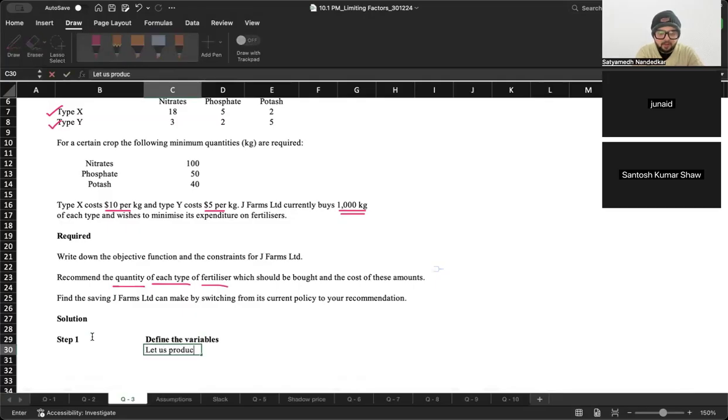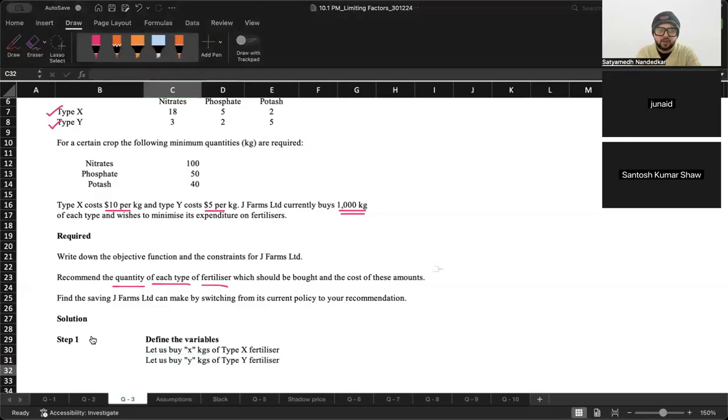Let us buy x kgs of type X fertilizer, and let us buy y kgs of type Y fertilizer. ठीक है.